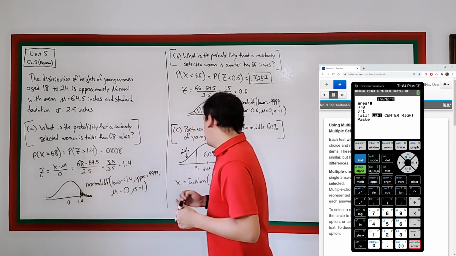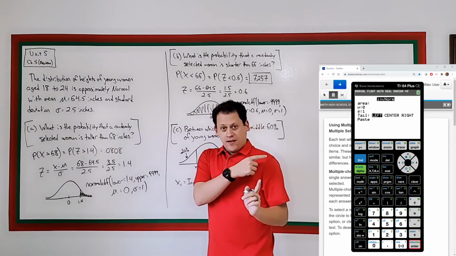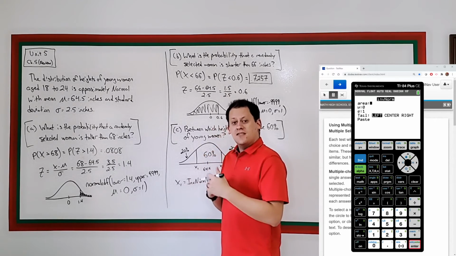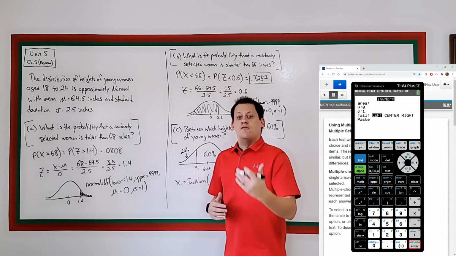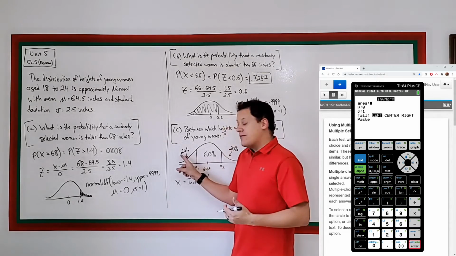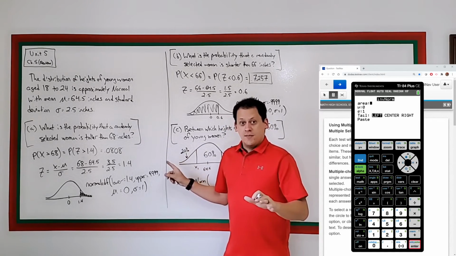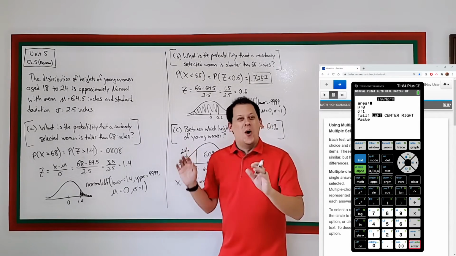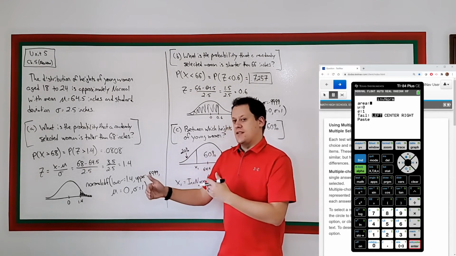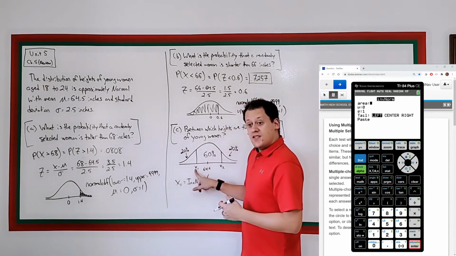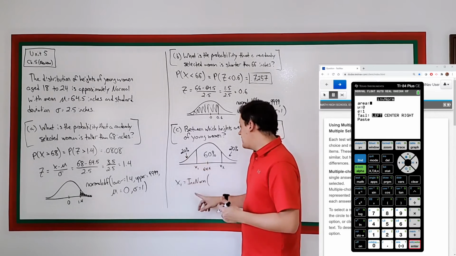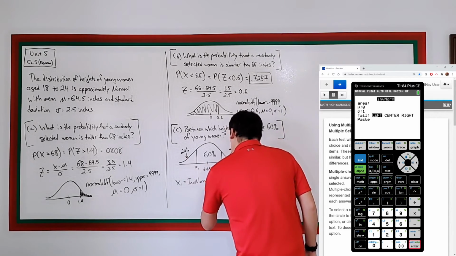So for area, for this type of calculator, you could put the area to the left, the center, or the right. If you've got an older calculator, you need to give it the area to the left. It won't accept anything else. It will always assume it's the area to the left. So if you're looking for this value here that has 20% to the left, you need to put 0.2 here.